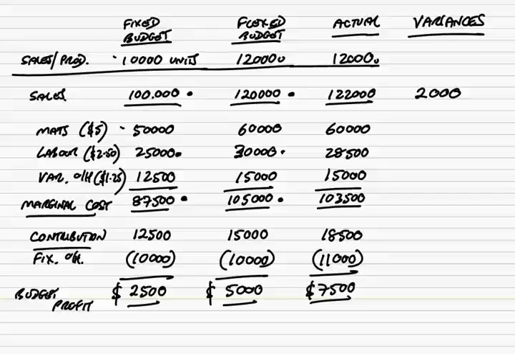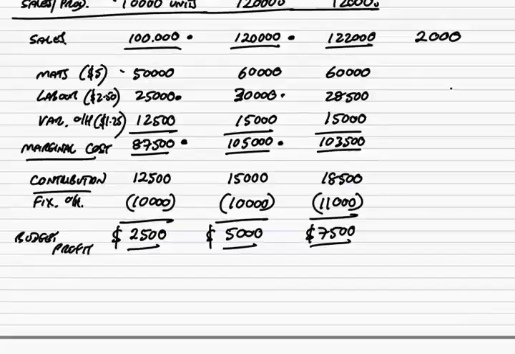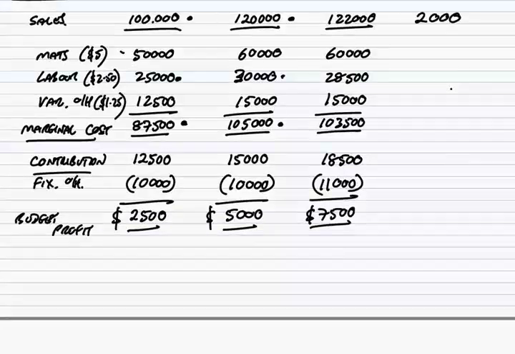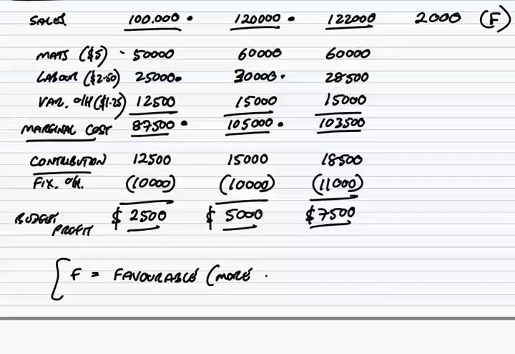Well, in the exam, when we're looking at variances, we don't put pluses or minuses or brackets or anything. We use letters. If we've done better than budget, if we're going to make more profit, we write against it the letter F. F stands for favourable or more profit.